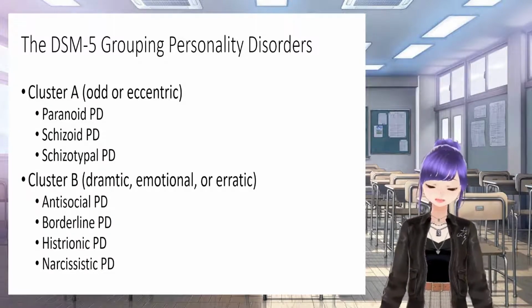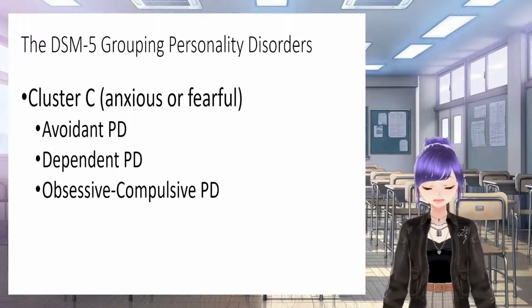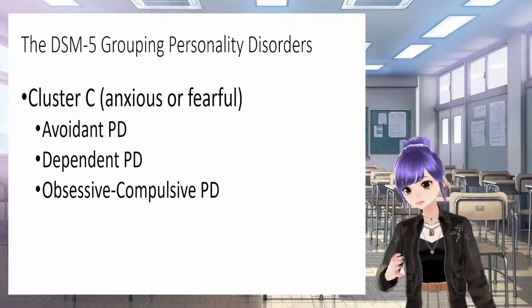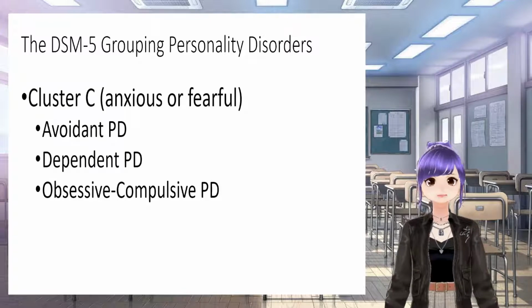And we have 4: antisocial PD, borderline PD, histrionic PD, and narcissistic PD. Cluster C is the anxious or fearful cluster. So, avoidant PD, dependent PD, and obsessive compulsive PD. So, I will explain all of them. I will explain the features of each cluster and, of course, the disorders.